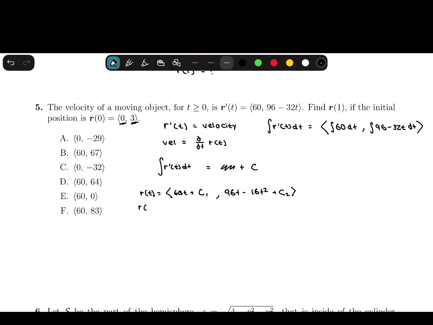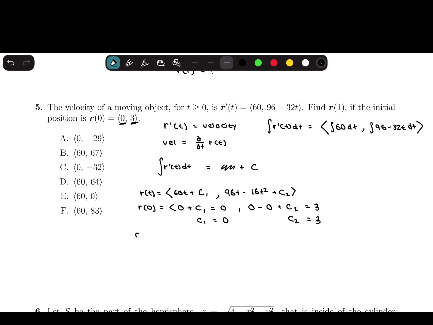So when we plug in r of 0, we're assuming that t is now 0, so 60 becomes 0 plus c1, but that is equal to 0. So now we know that c1 is equal to 0. On the flip side, when t is now equal to 0, you get 0 minus 16 times 0 is 0 plus c2, which is equal to 3. So now we know that c2 is equal to 3.